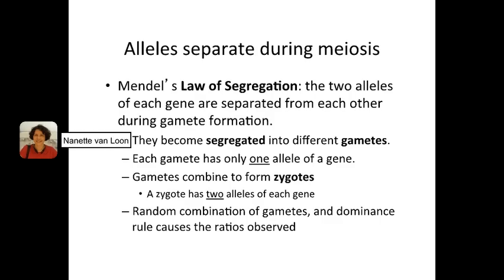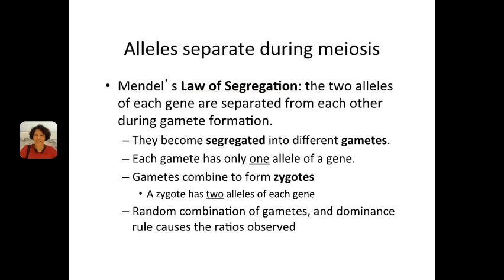Mendel formulated the law of segregation, in which he was referring to the fact that each individual has 2 copies of every gene, and those 2 copies separate in the process of the formation of the gametes.